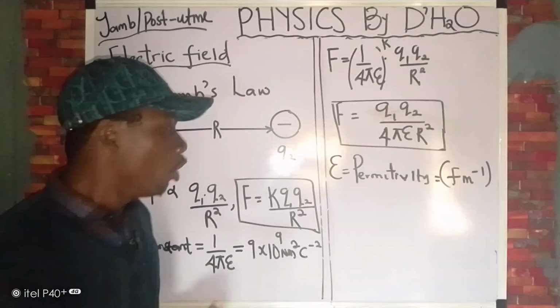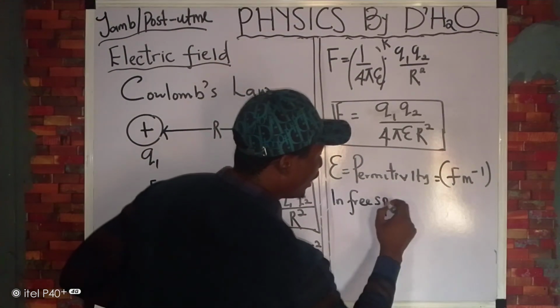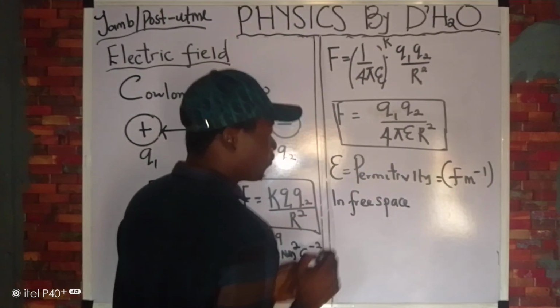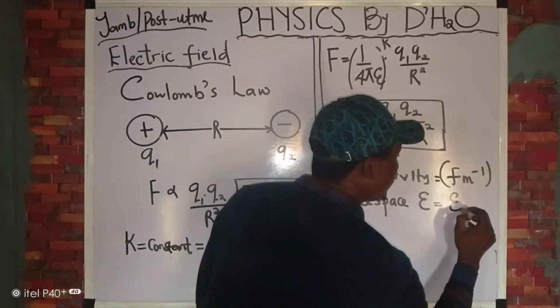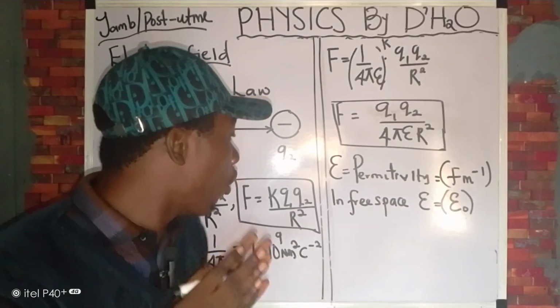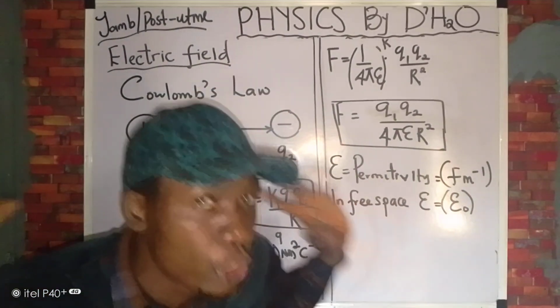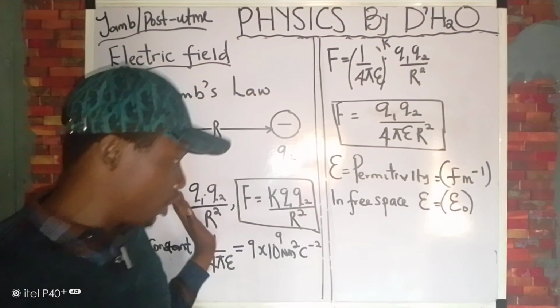Now, I want you to understand that this permittivity that we're talking about can be permittivity of free space. So we can say that in free space, your permittivity, which is this one, is equals to permittivity naught. So this is the symbol for the permittivity of charge in free space. That's in free space or vacuum. You know, vacuum also means an empty space.